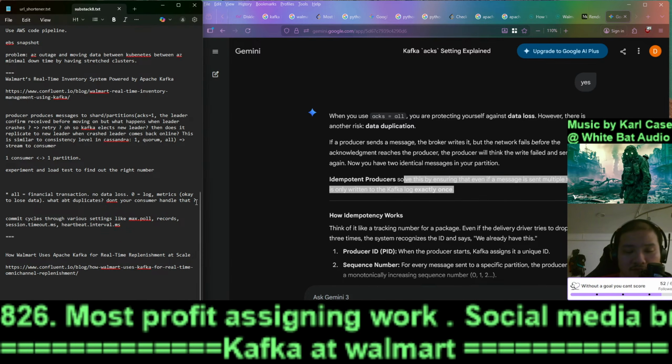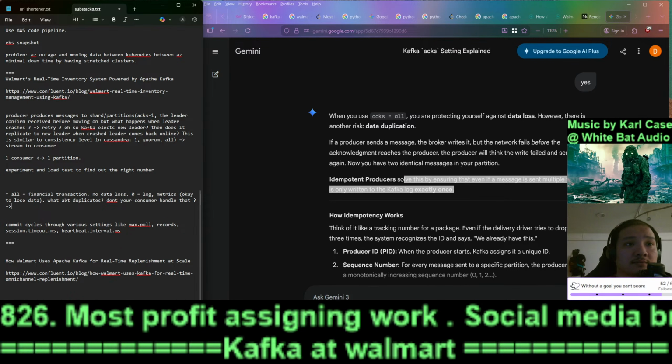So they do that with an idempotent producer. Okay.